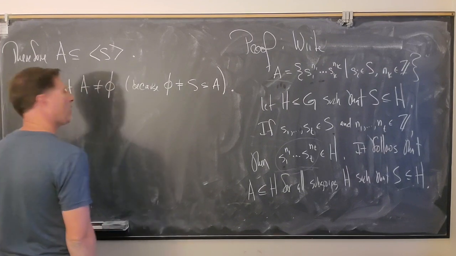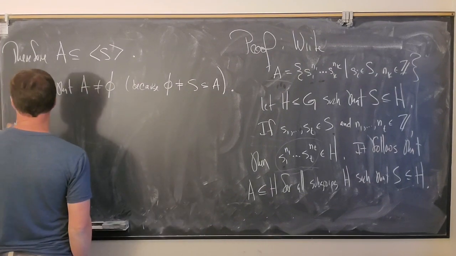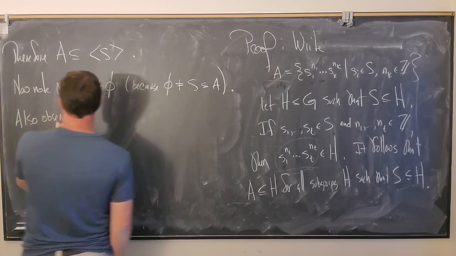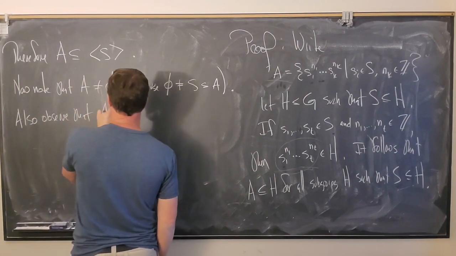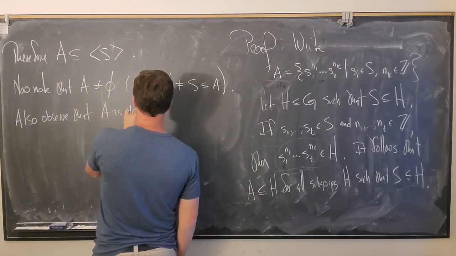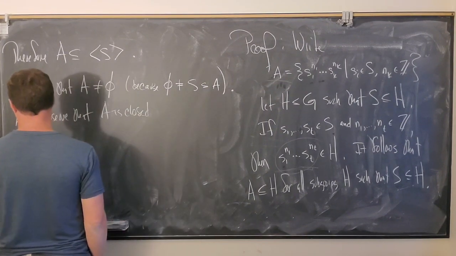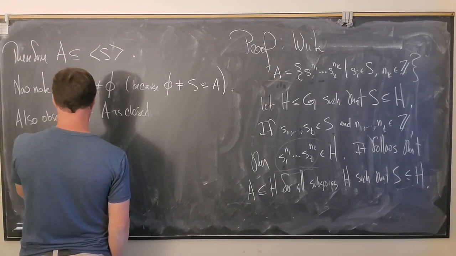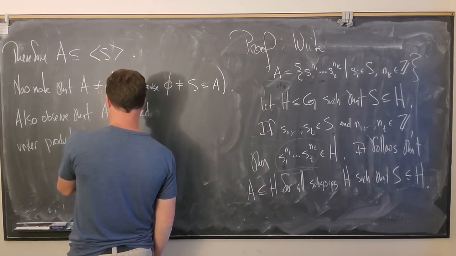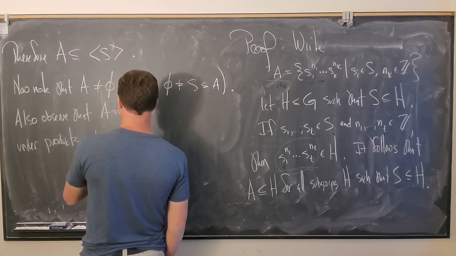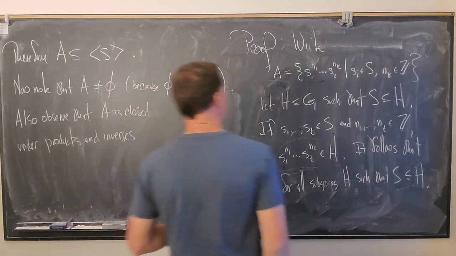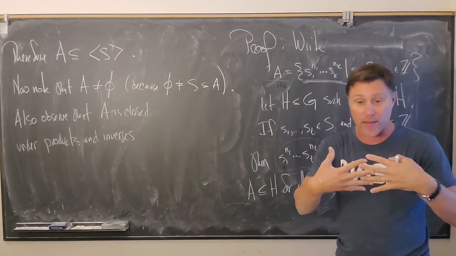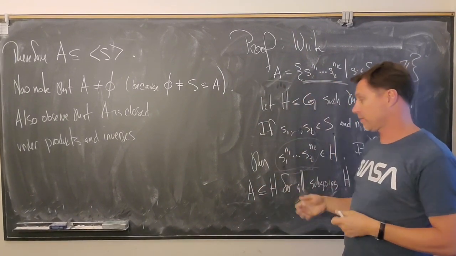Now think about elements of A. So also observe that A is closed under products and inverses. It's basically by construction, right? If I take two objects that look like that and multiply them together, I get an object that looks like that.